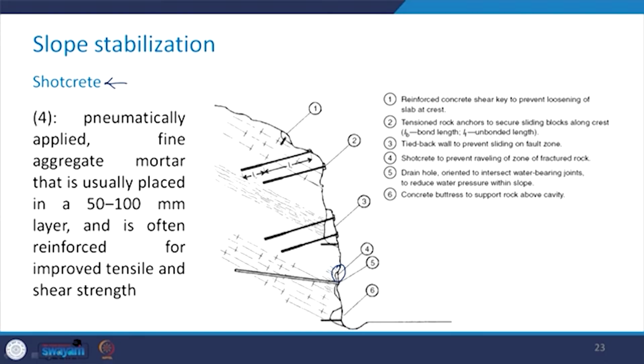It is also used in tunnels, in slopes, and in combination with rock bolting in the case of foundations on weak rocks. We will be discussing these in detail later.